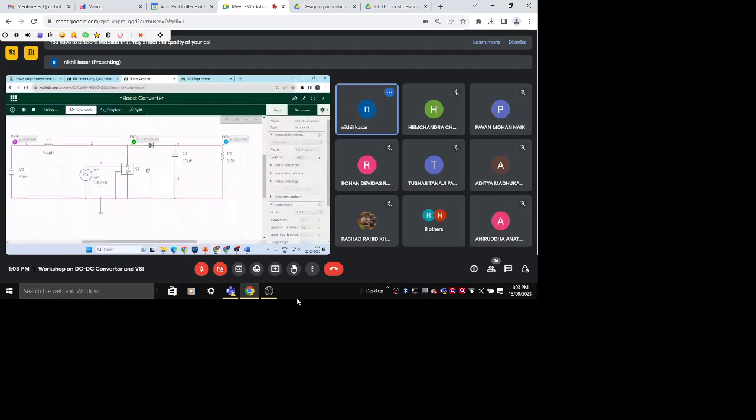When we run this, we reduce the duty cycle.